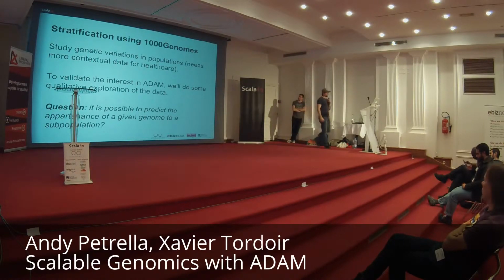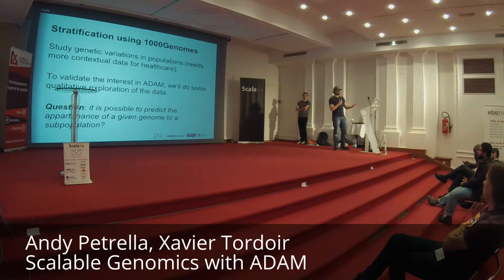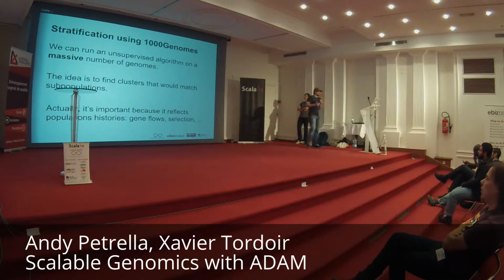The question that we tried to answer is: is it possible to predict the membership of a genome in a subpopulation in the world? So it's just a toy, right? There is nothing more than just trying to do something with data, just to prove that data is kind of cool.